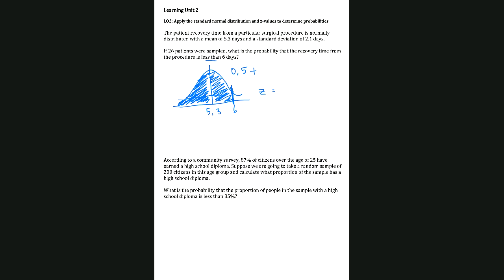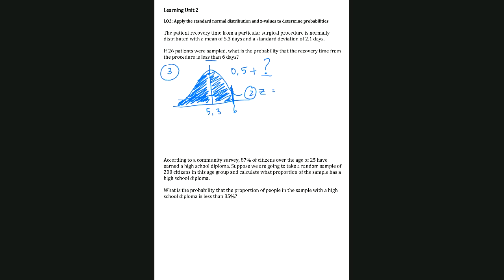And in order to determine what we're adding, our second step now is to calculate the Z value. Once we have the Z value, we'll go to table 1 of your appendix, and that's going to give us the figure that we're looking for here to add to the 0.5 plus.